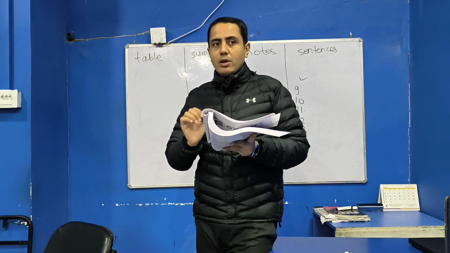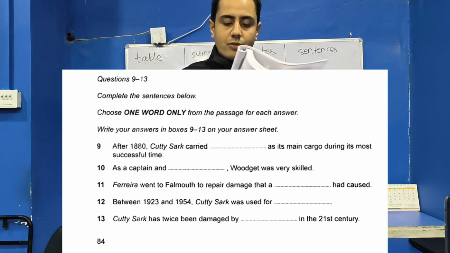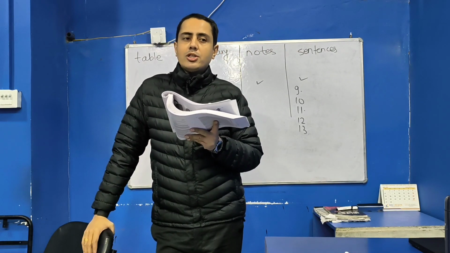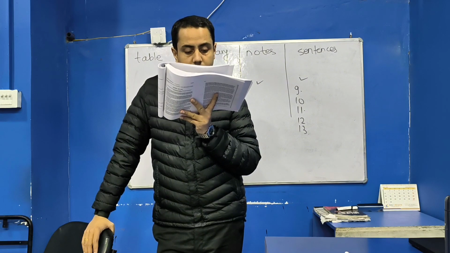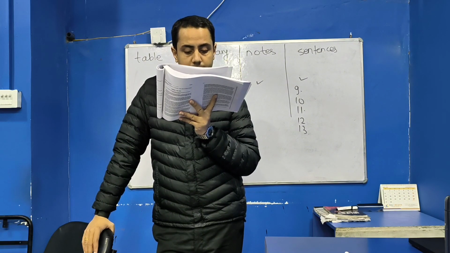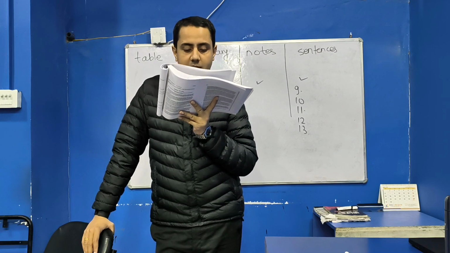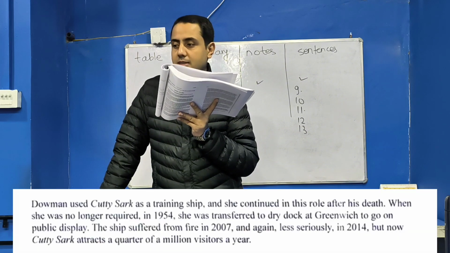Number 12 will be below this answer. So it says here, between 1923 and 1954, Cutty Sark was used for. So why did they use the ship between this and this period? The thing is, you're not reading the complete sentence. The last paragraph, let me read the second sentence.